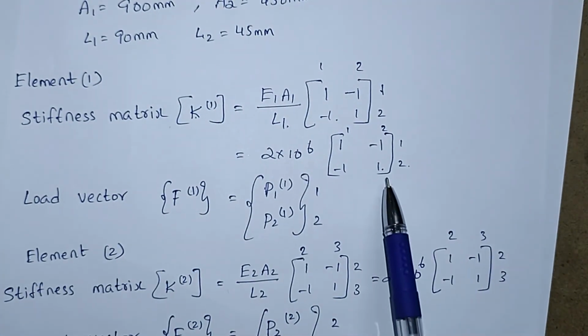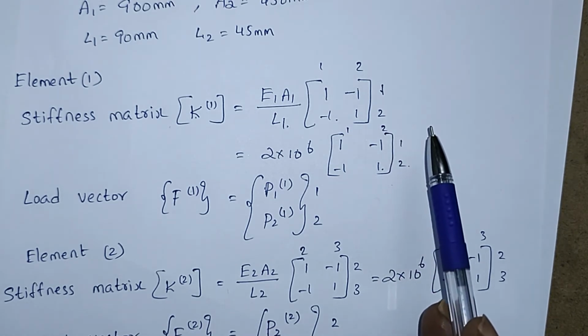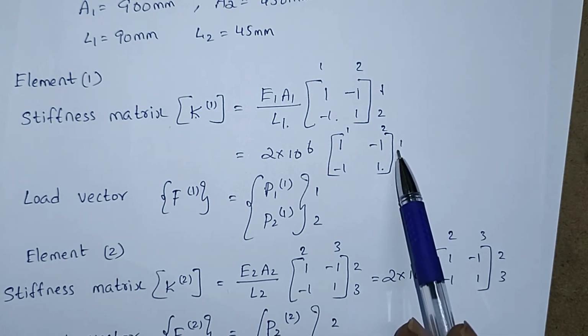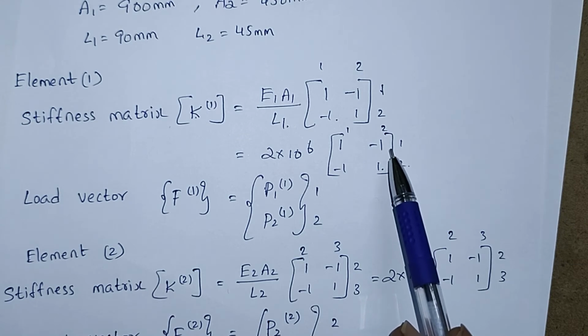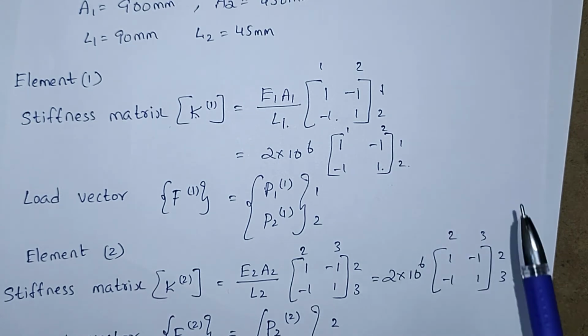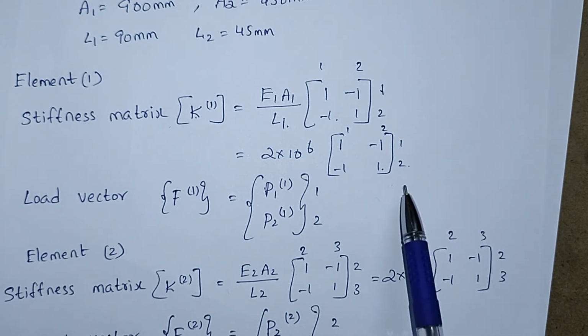Next, 3 2 we have -1, and 1 3 we don't have anything, so we kept 0 for 1 3, and 2 3 is -1, and 3 3 is 1.